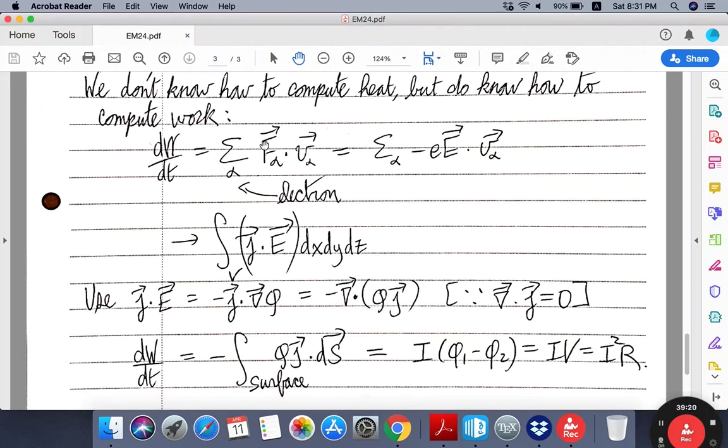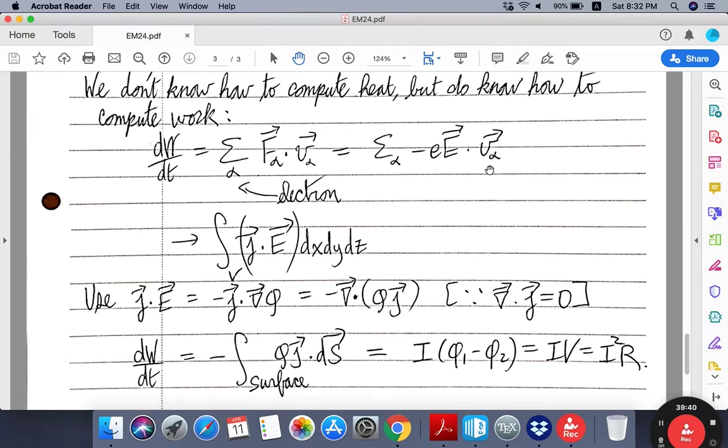The force is the electric force, so this is equal to the charge of the electron multiplied by the electric field, and you take that inner product with the velocity of the individual electron.